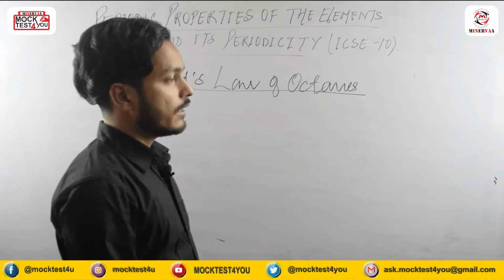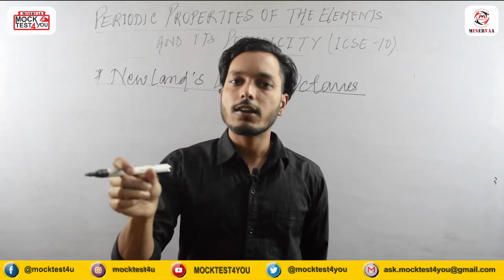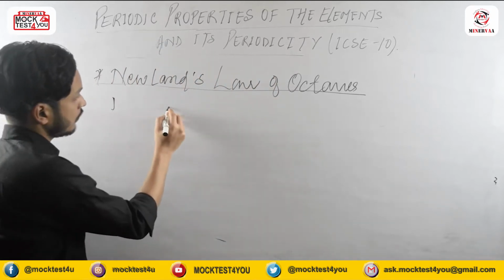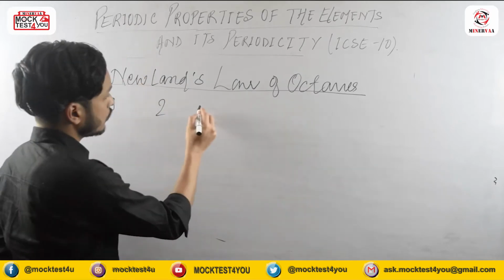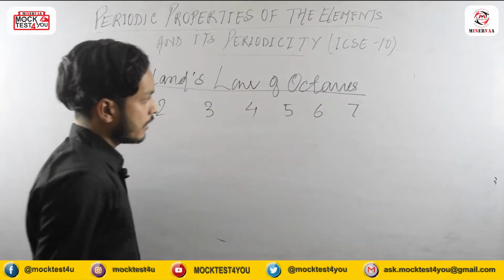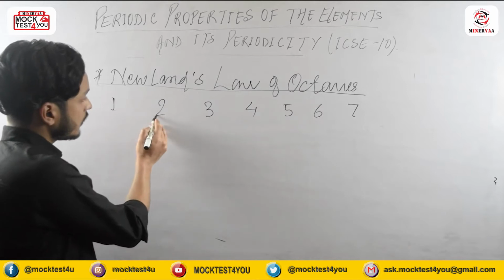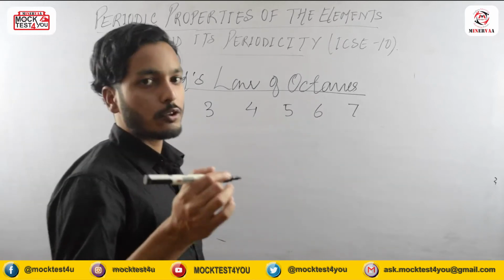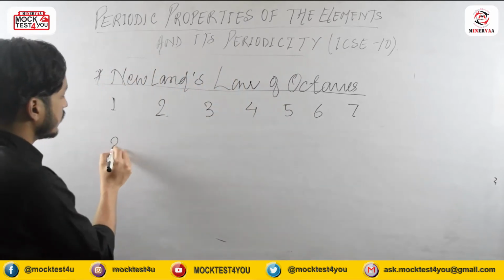So what did he say? He said that if we arrange the elements in order of their increasing atomic mass, like 1, 2, 3, 4, 5, 6, 7, then you will find that the 8th element will be similar to the first one.